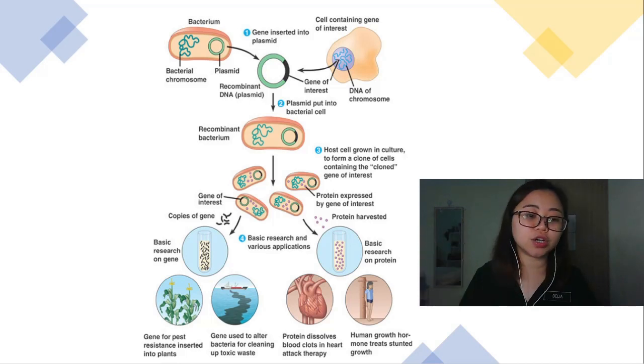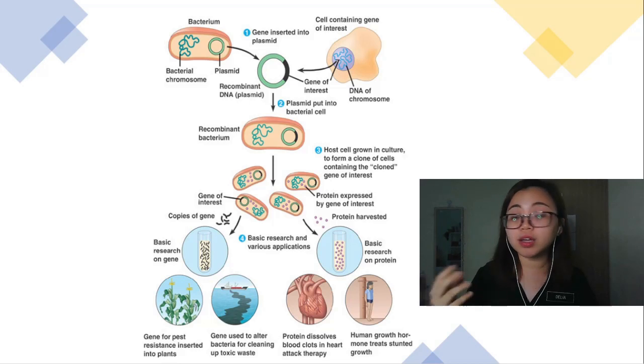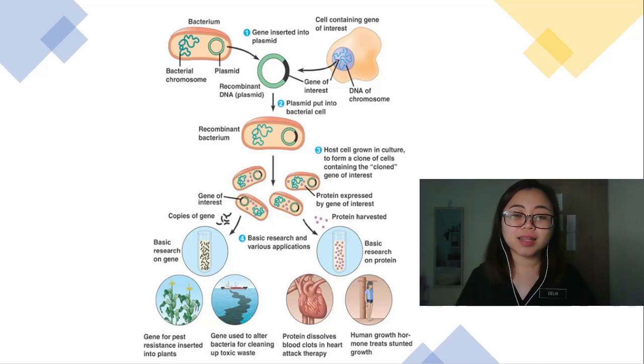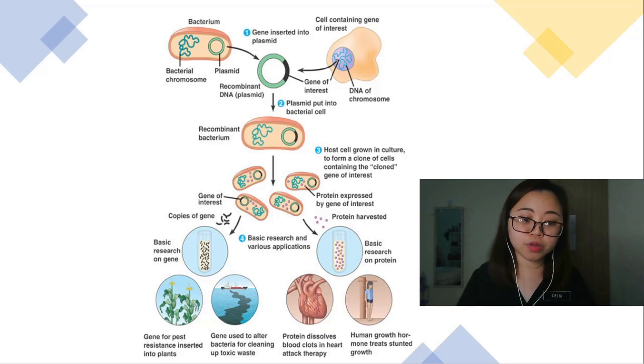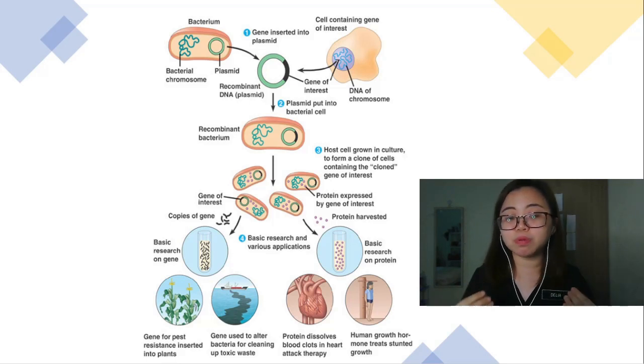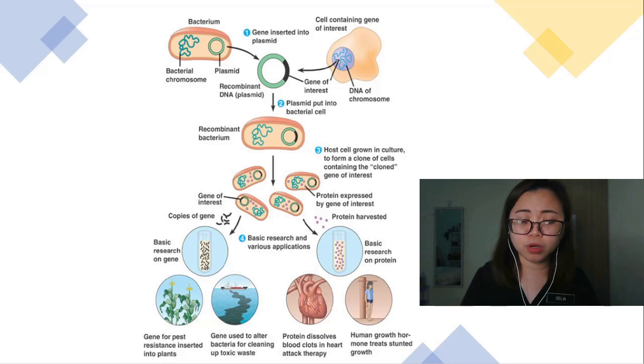For agriculture, you can use it to create bacteria that can clean up toxic waste, second picture there. And another application is we can use it to produce proteins in the lab. Those proteins can be used to dissolve blood clots, to treat people who have heart attacks because of blood clots, and we can also produce human growth hormones to help those who are stunted in their growth.